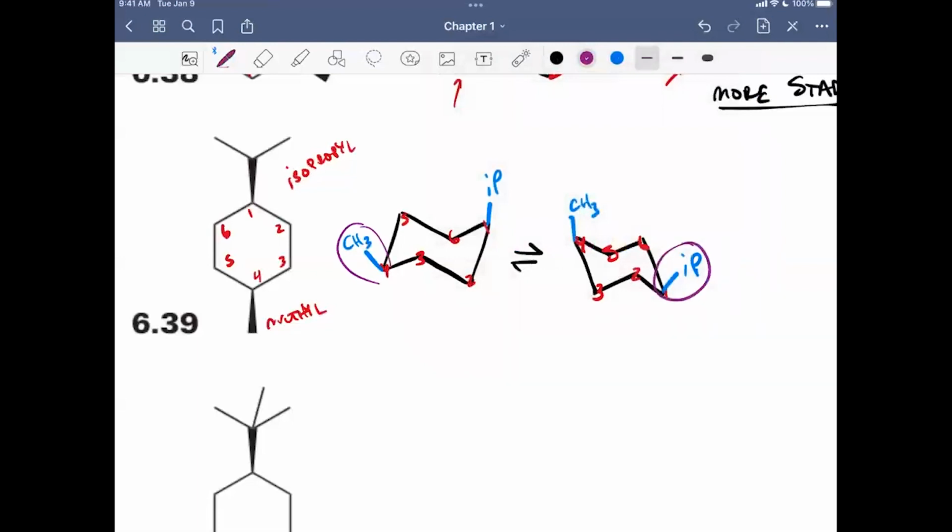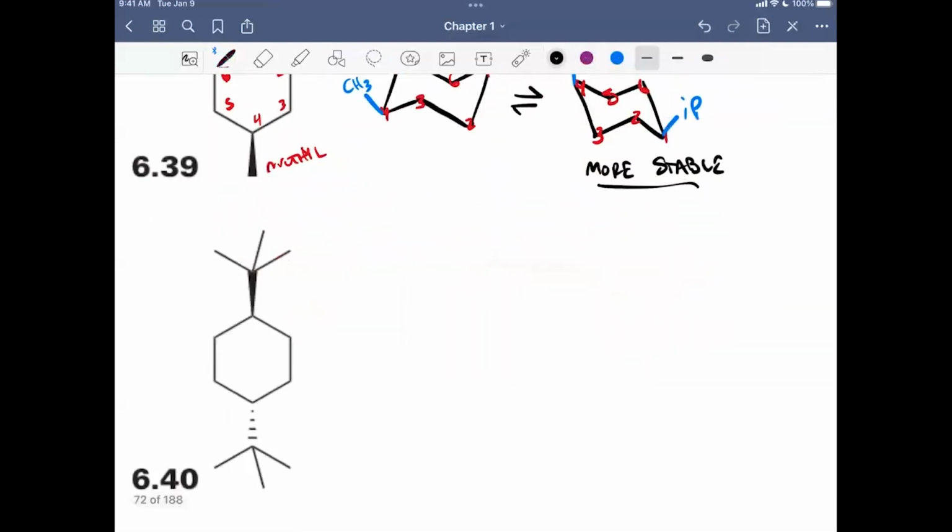They both have one equatorial position. Then you look at which one is bigger, since bigger is better in the equatorial position. The isopropyl is bigger in nature than that methyl. So subsequently, this one will be more stable because we have a better group on an equatorial position.